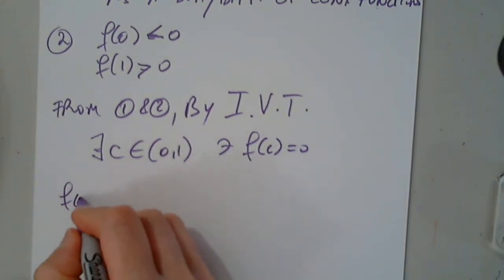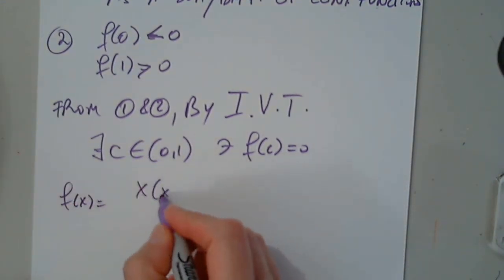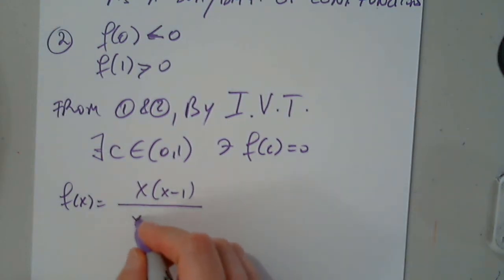So here's a function, x minus 1 over x squared minus 1.